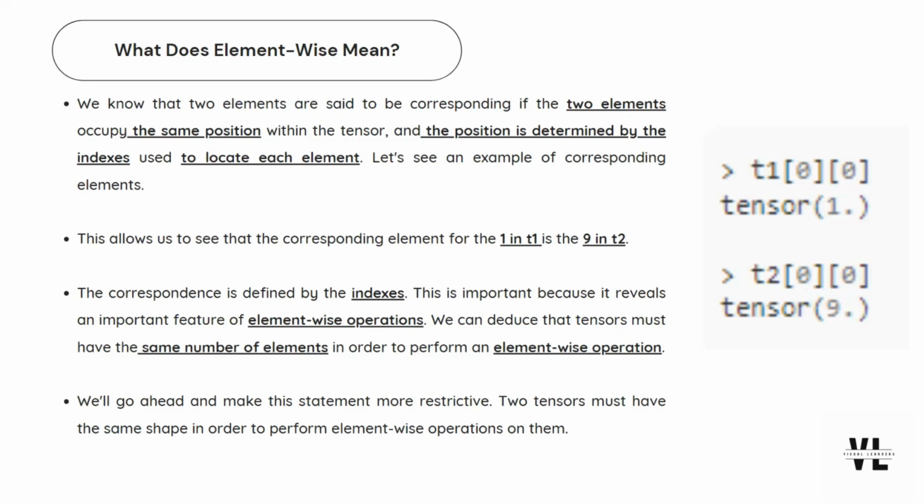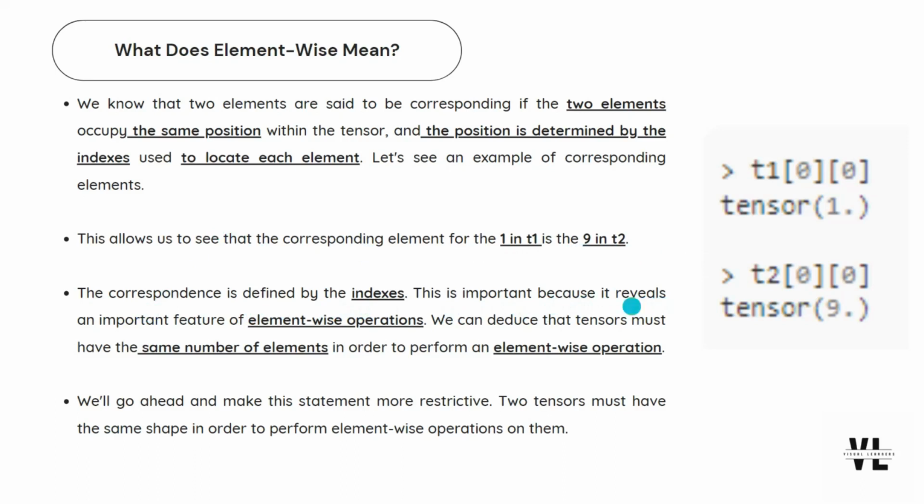So when we perform element-wise operations, we always perform them on elements that are found in the corresponding position, or in the same position. This allows us to see that the corresponding element for the 1 in T1 is 9 in T2. The correspondence is defined by indexes.